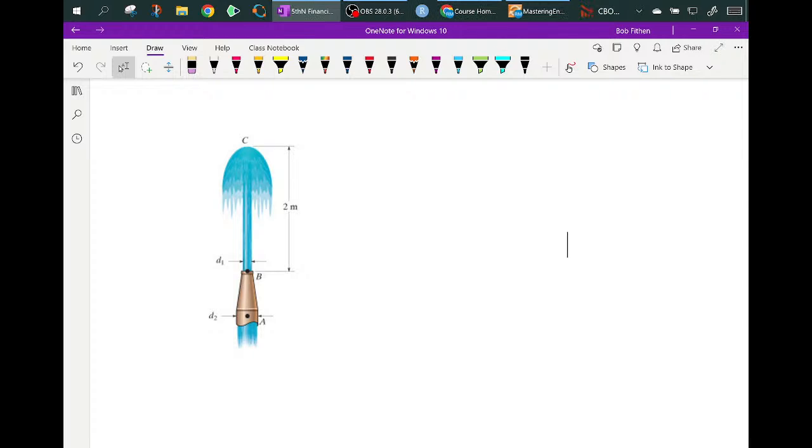So it gives you all the information. It gives you the diameter, it gives you the other diameter. You have three particular locations, A, B, and C. And in there you've got the pressure, the elevation, and the velocity.